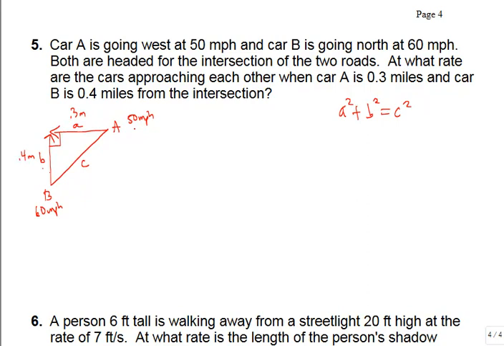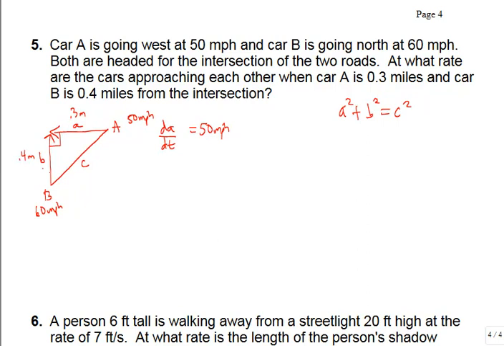So let's start with this 50 miles per hour. That's the rate, or the derivative, of car A, and that's how fast this distance, little a, is changing. So 50 miles per hour is the derivative of that length a over time. Now, is this getting smaller or is this length getting bigger? It's getting smaller, right? Because car A is getting closer to that intersection.